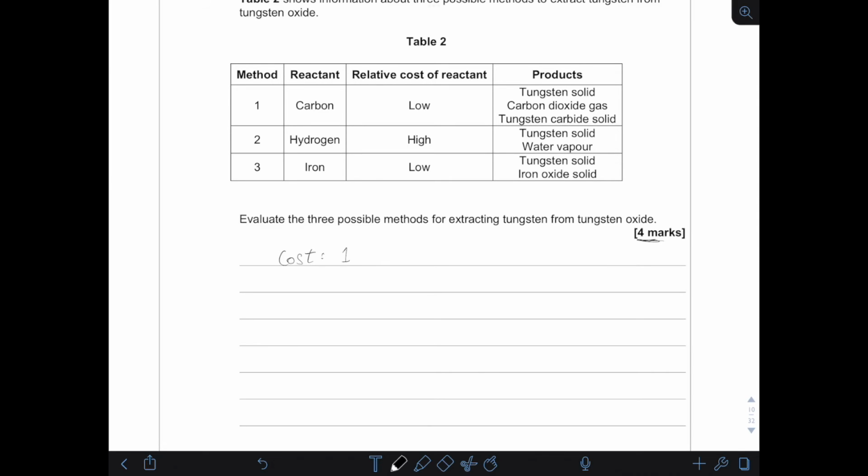Is that 1 and 3 are cheap, and I suppose the reaction itself is not too difficult. You don't really know that though, because I'm using my extra knowledge from beyond GCSE, so you probably don't know much about these reactions anyway. We know that 1 and 3 are cheap because it's given to you.